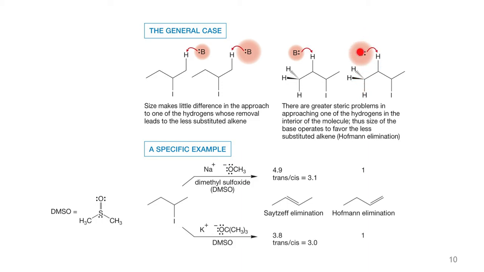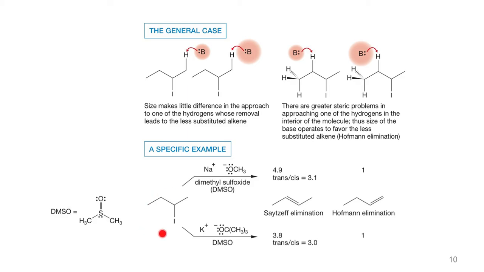So we get less deprotonation at these more substituted carbons with the bulky bases than we do with the smaller bases. Now, this isn't typically going to completely shift the distribution, but it will change it.